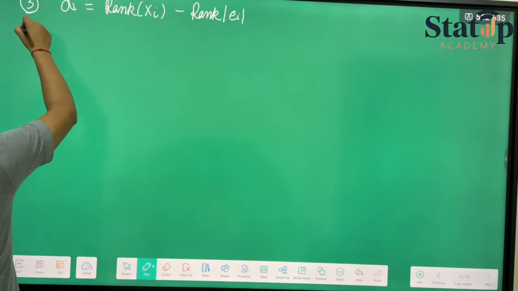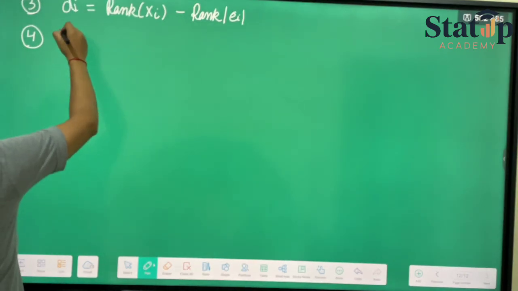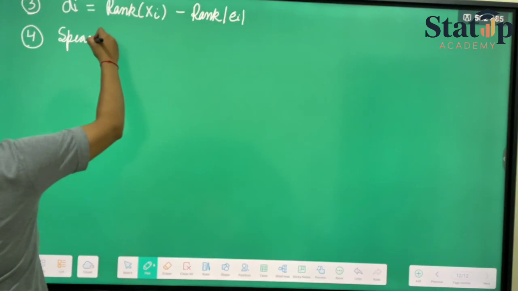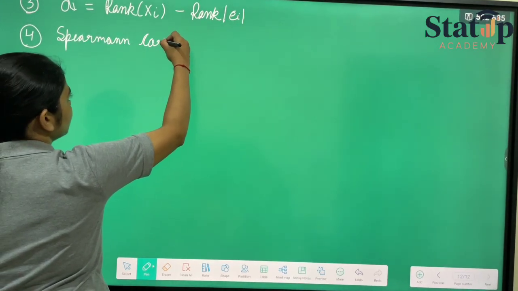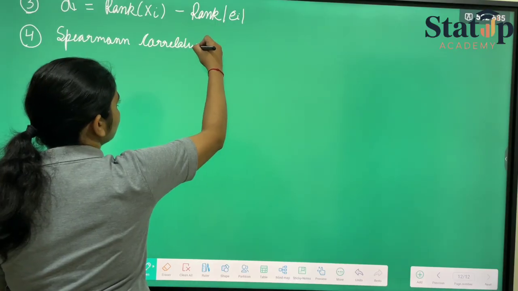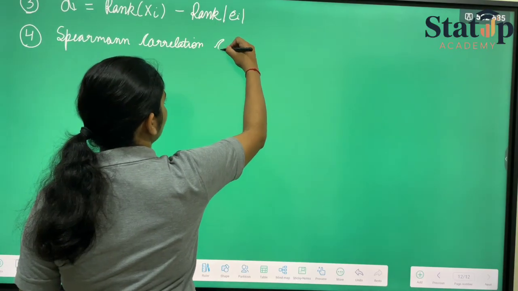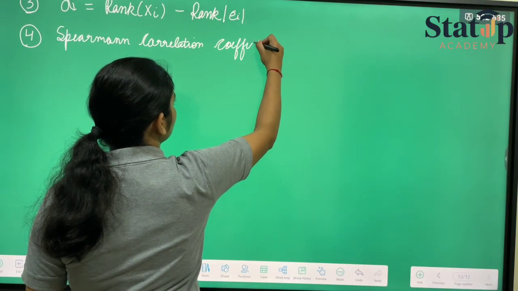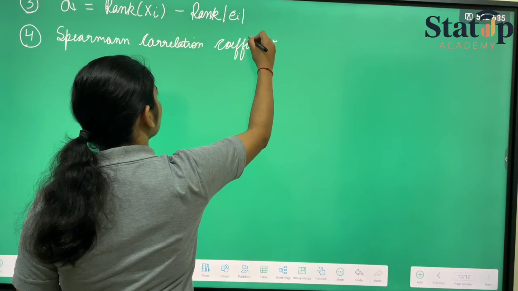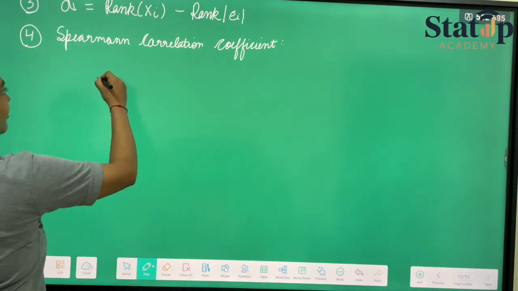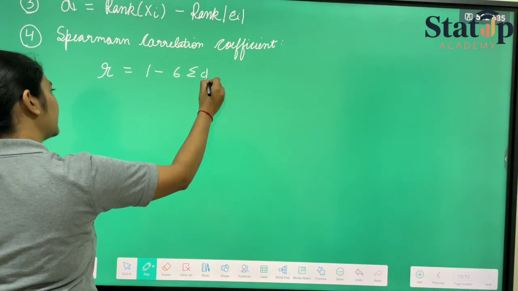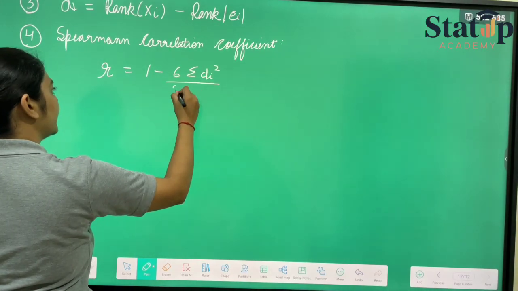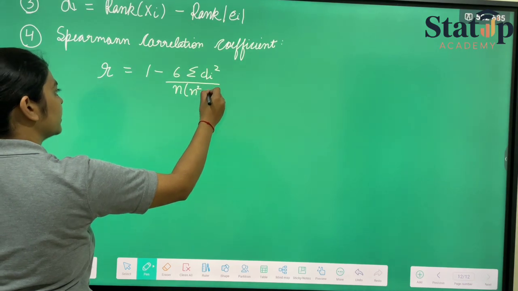The fourth step was to calculate the Spearman correlation coefficient, which is given by r is equal to 1 minus 6 summation di square upon n into n square minus 1.